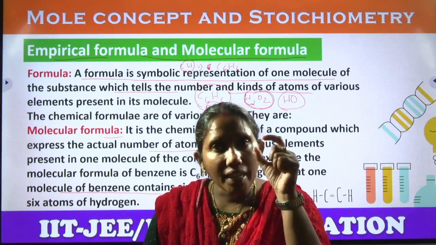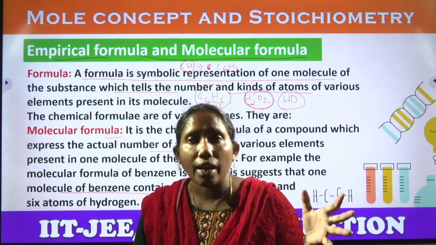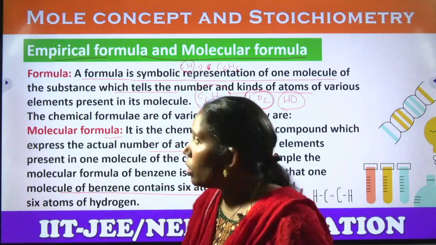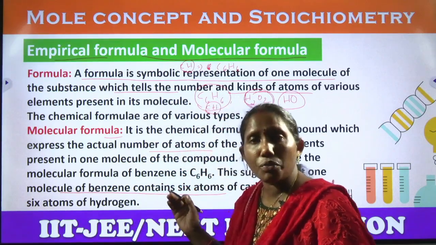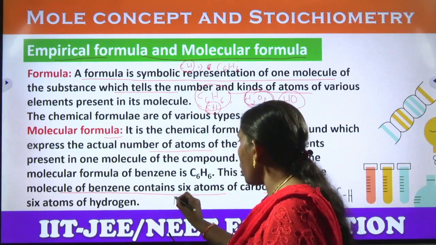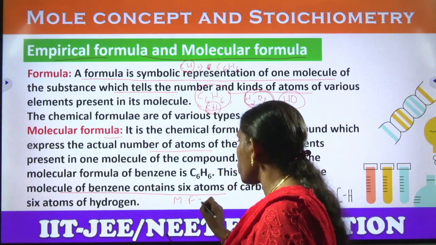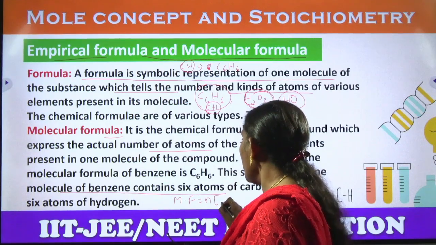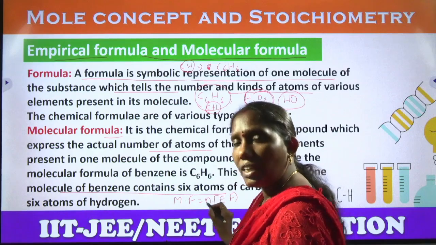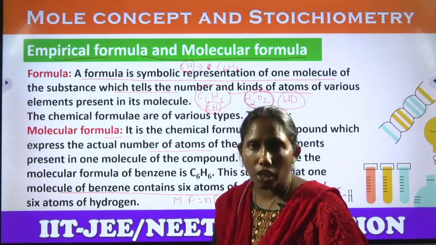If you find that N factor, you can write the empirical formula and molecular formula, right? Generally, the relation between the empirical formula and molecular formula is: molecular formula equals N into empirical formula. This empirical formula into N gives you the molecular formula of the compound.